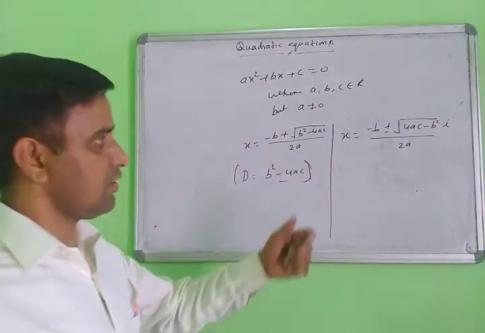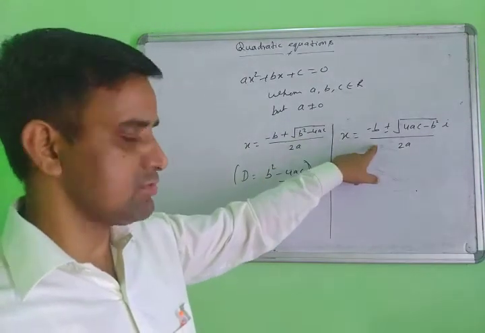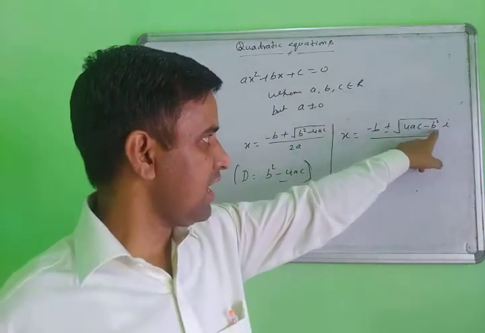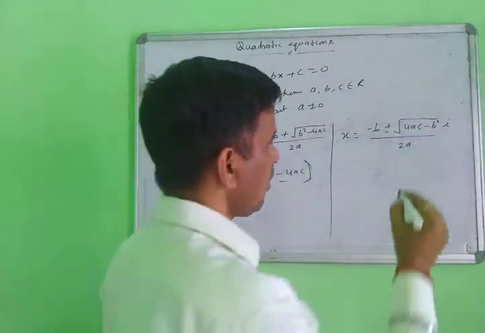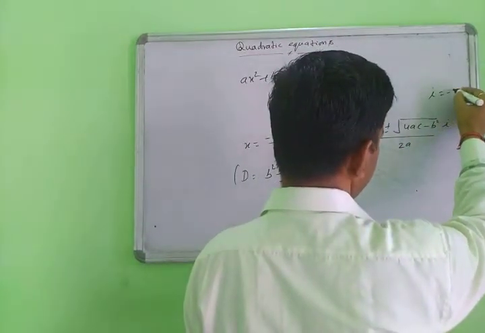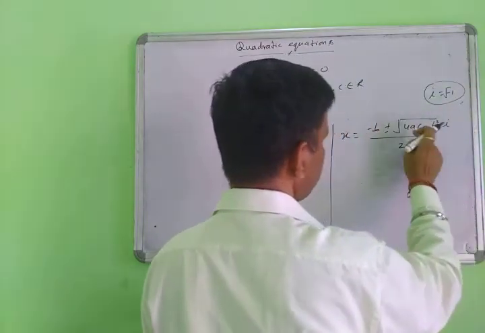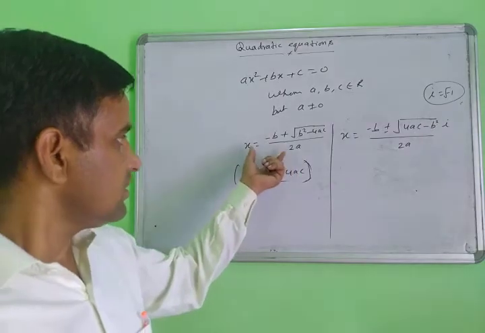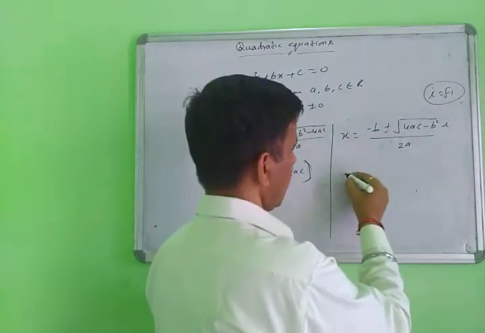You can write the roots in this form also: minus 4ac minus b square, with iota outside as a multiplier, where iota is root of minus 1. Then you multiply, and you get the same value. Then you can write it in this form.